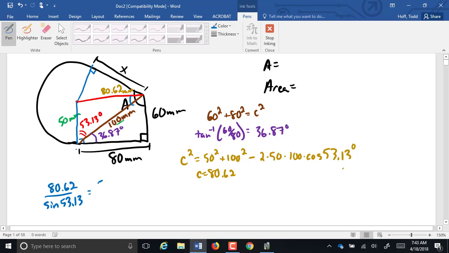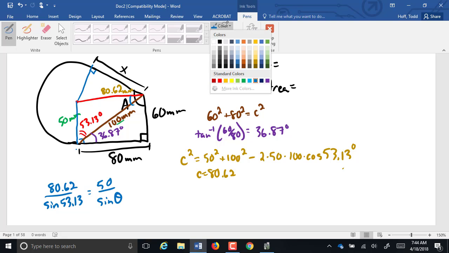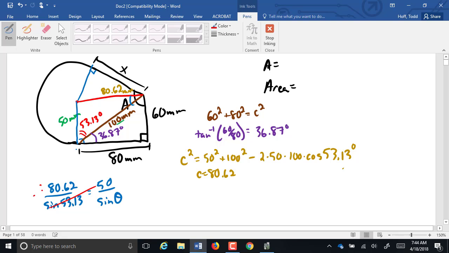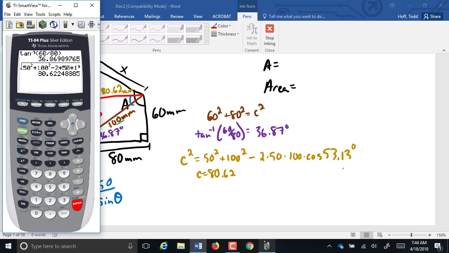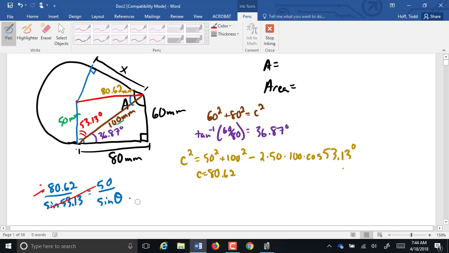That's going to equal 50 over the sine of that angle we're looking for. So cross multiply and divide. That gives us the sine of that angle is 0.4962. Inverse sine of that, 29.75 degrees.